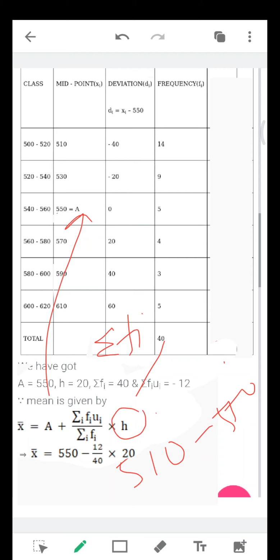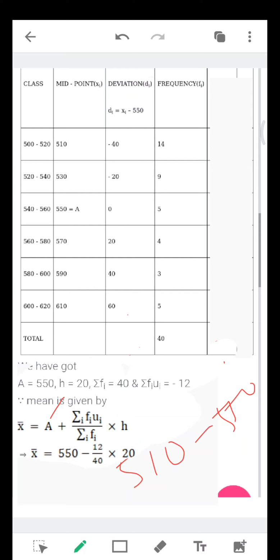What is height of the class? You see the difference between these classes. 540 minus 520, the difference is 20, so that is called height of the class. The difference of all this is 20. 560 minus 540, from anywhere you can find the difference, you will get 20, so that is called height of the class.